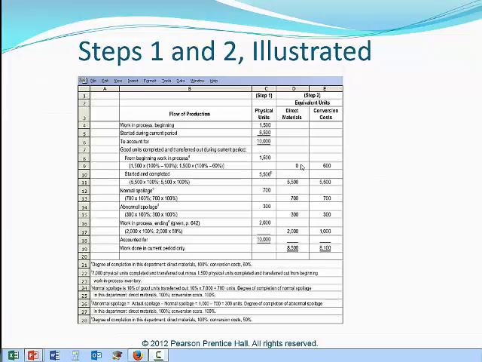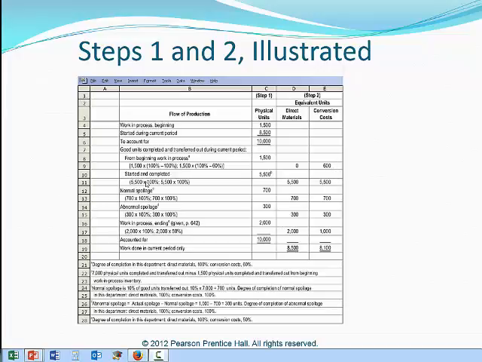Therefore, we've got to finish those 1,500 units the rest of the way, which would be 40%. Here they've got it written out as 100 minus 60%. So 1,500 times 0.4 equals 600 equivalent units as to conversion cost for those beginning WIP items.